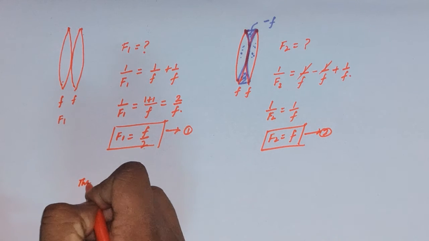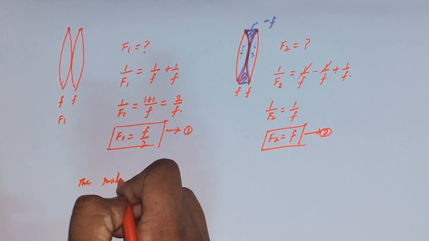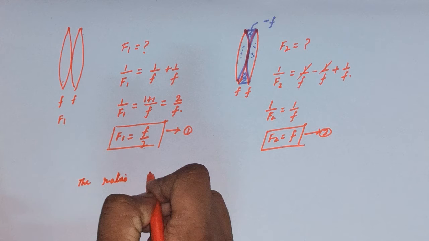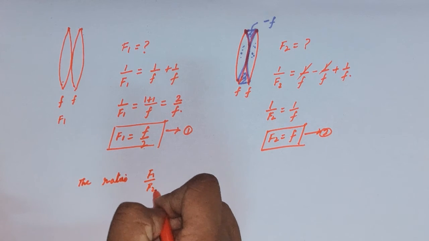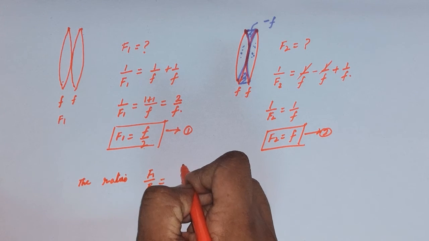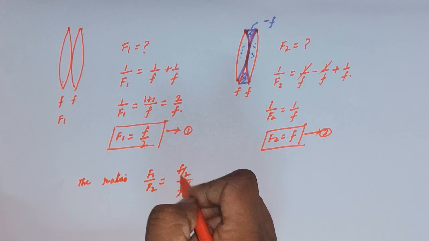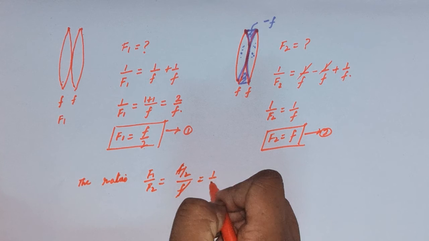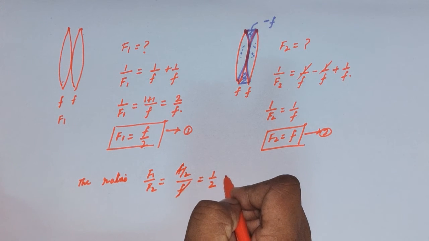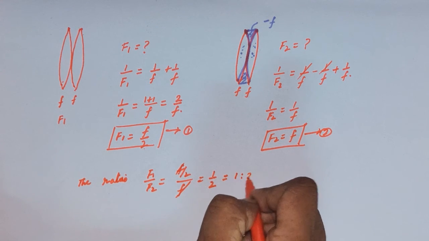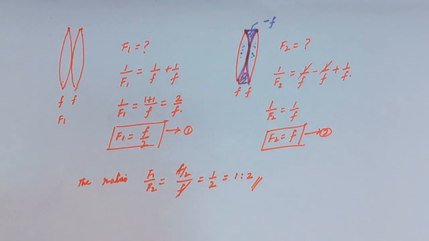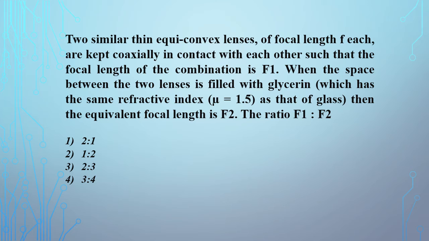So the ratio F1 by F2 equals f by 2 divided by f; you can cancel this f, and it equals 1 by 2, or 1 is to 2. This would be the right answer. So from the above discussion, we got the second option, 1 is to 2. This would be the right answer.